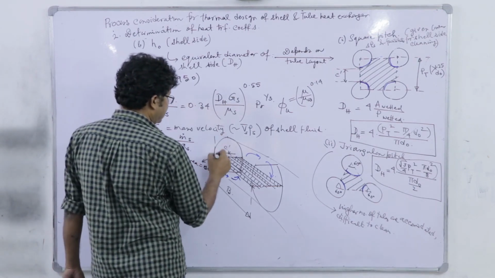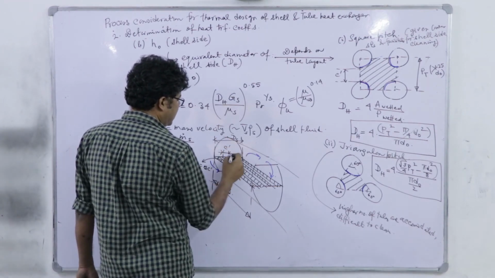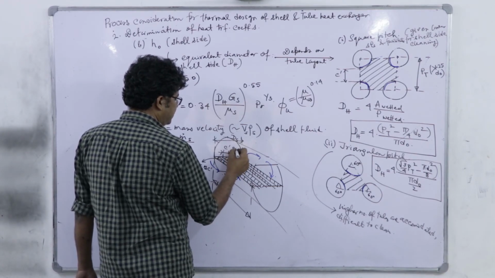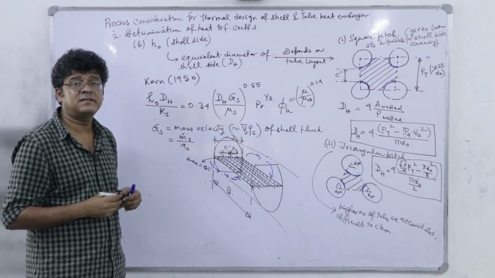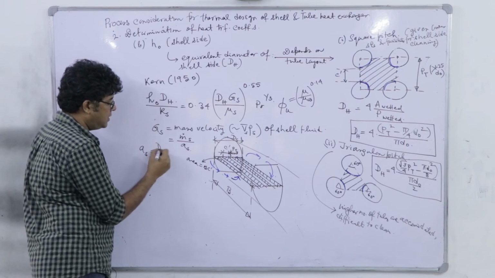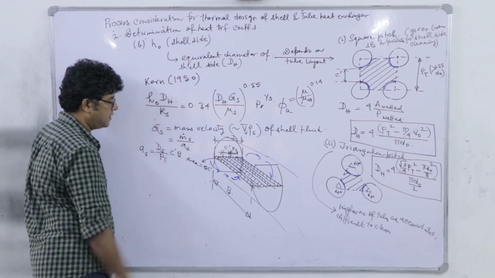You see that this diameter is the shell diameter ds and the tube to tube center line distance is the pitch. So the number of rectangles we can fairly approximate as ds divided by pt. So AS becomes ds divided by pt, the number of such rectangles, into the individual rectangle's area.